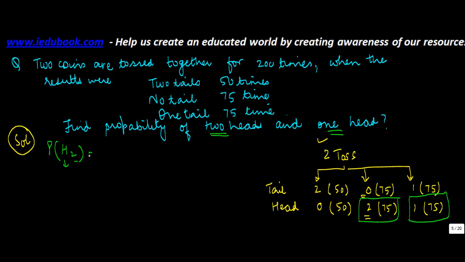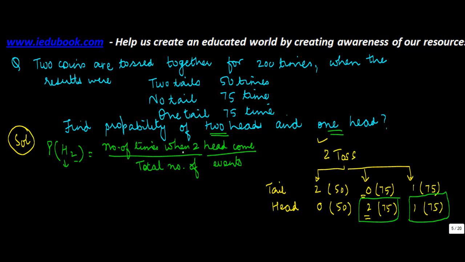It is equal to the number of times two heads come upon the total number of events. The number of times two heads come is 75.